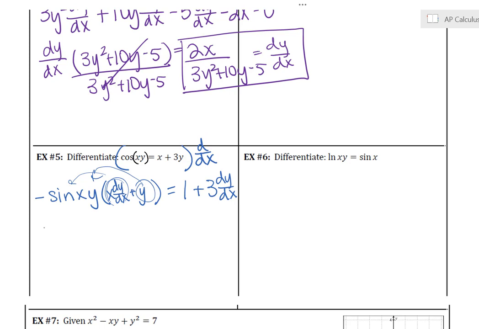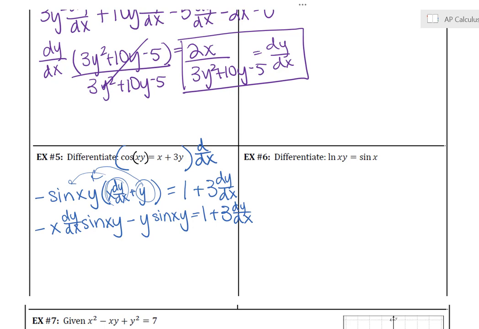So when I do that, I get negative x dy over dx sine of xy minus y, be careful with that minus sign, sine of xy equals 1 plus 3 dy over dx.